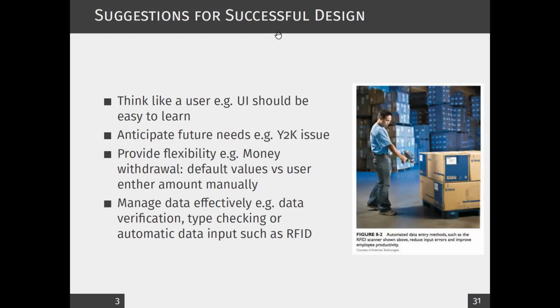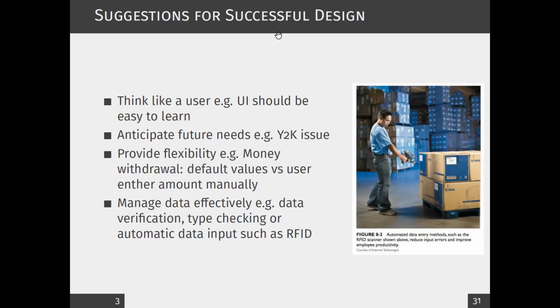For example, in the early days before 1999, almost all the software had 2 digits for the year. And what happened when the year 2000 came? Most of this software broke down due to this issue. This is known as the Y2K issue. So things like that, we should be able to foresee before they happen.